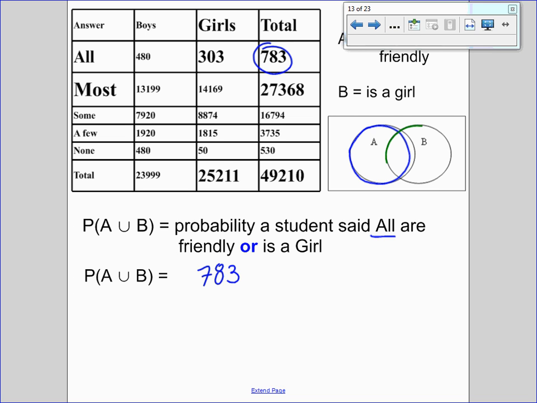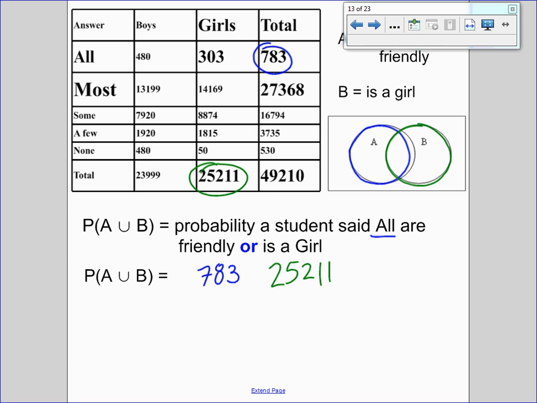Probability that a randomly selected student is a girl. So we'll find all the girls. We've counted the girls who said all are friendly in group A, the blue circle. We've counted the girls who said all are friendly again in group B, the girls, the green circle.